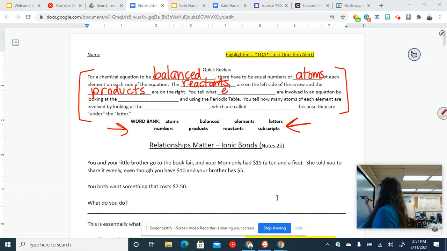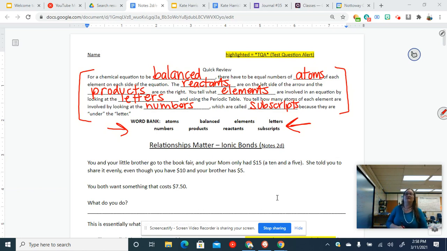You tell what elements are involved in an equation by looking at the letters and using the periodic table. You tell how many atoms are involved by looking at the numbers, which are called subscripts because they are under the letter script. All right, pause and make sure you get those written down, and then we can move on.